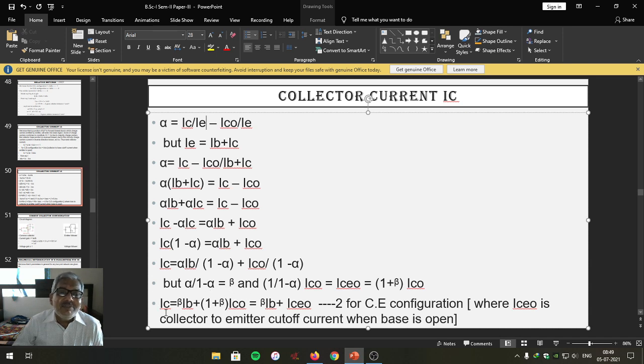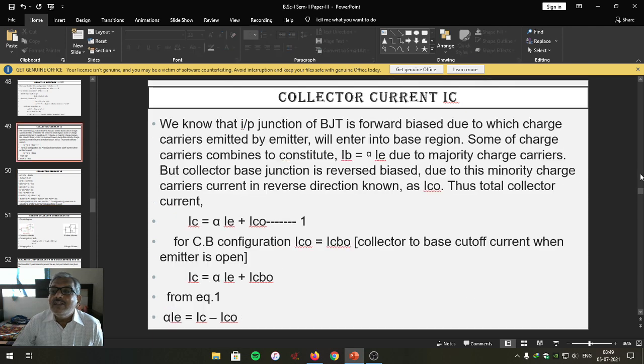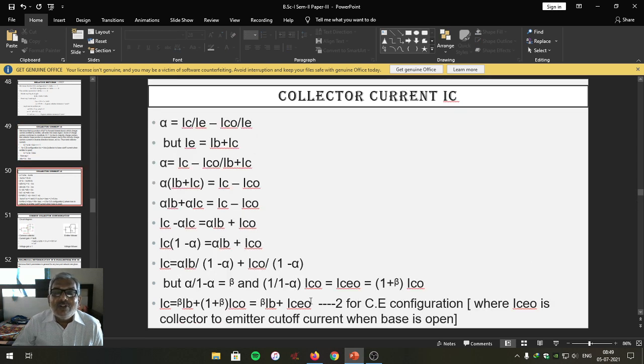Please do remember this equation is very useful for further study, which can also be written as beta IB plus ICEO. We have got two current equations. One is beta IB plus ICEO. Another one is alpha IE plus ICBO, which was studied in this case. Look at here. This is for common base, whereas this one is for common emitter configuration.